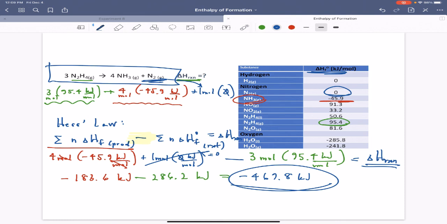We can use this number for stoichiometry. If we started with a certain number of grams of hydrazine, we could convert that to moles of hydrazine. We could recognize that every time 3 moles of hydrazine are consumed, this many kilojoules of energy are produced in this exothermic reaction.